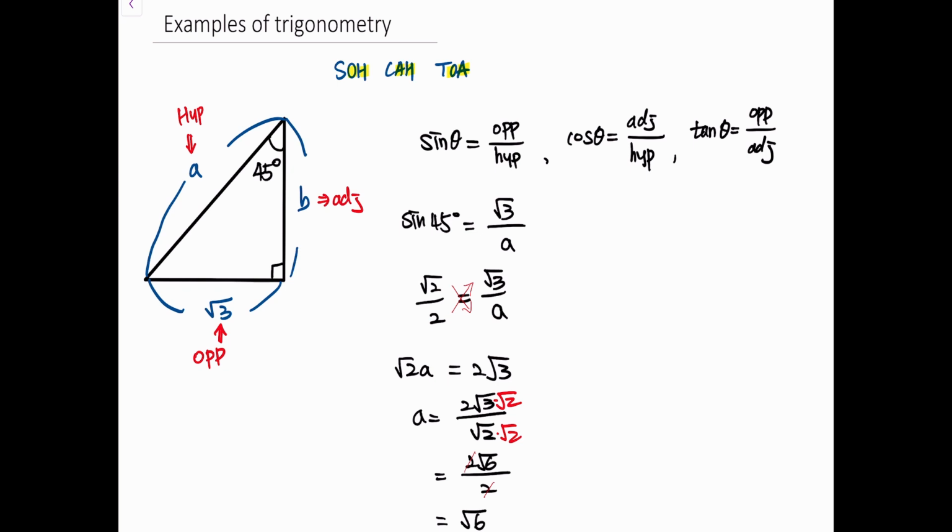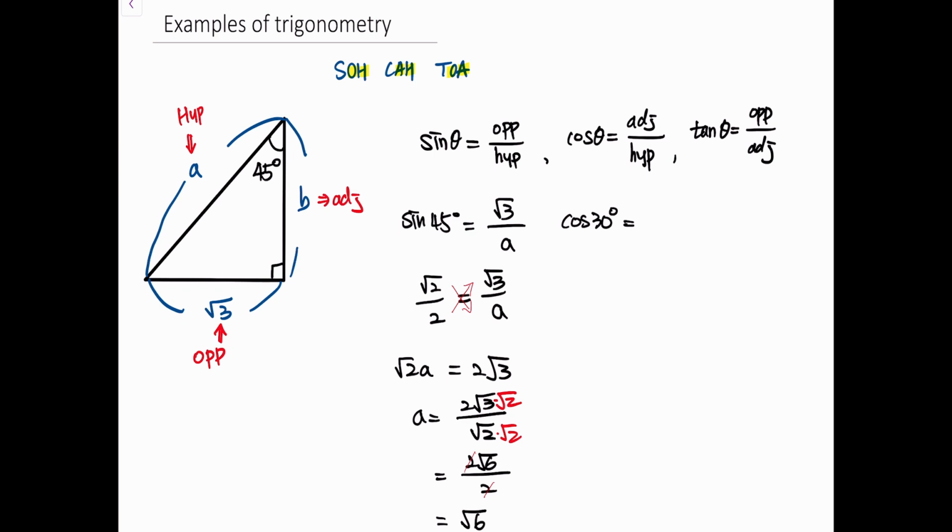We can calculate the B value using the cosine ratio or tangent ratio, or even we can use the Pythagorean theorem. However, let's use the cosine ratio to find what the B value is. Cosine 30 is equal to adjacent over hypotenuse.